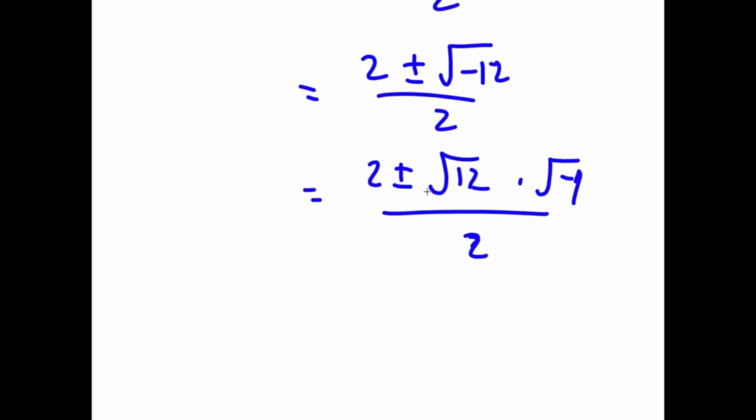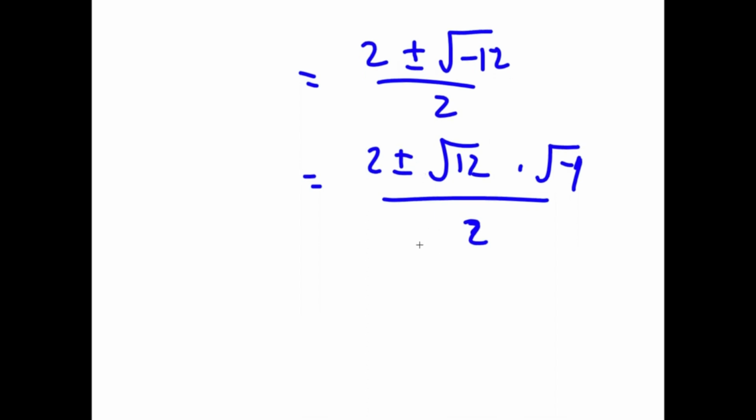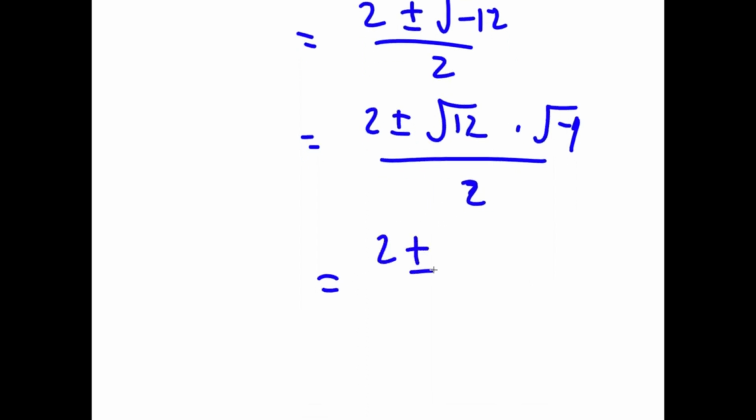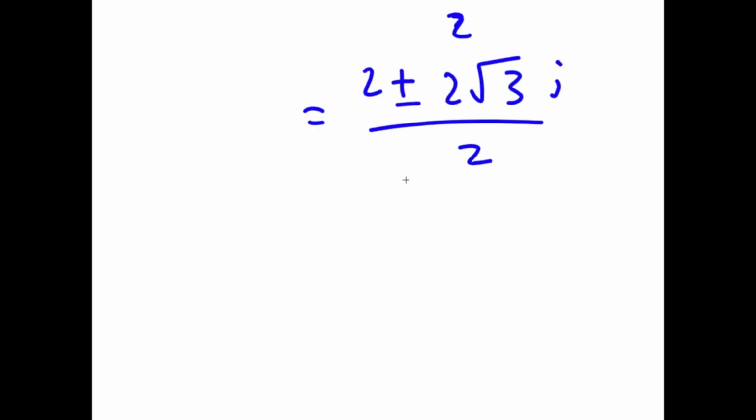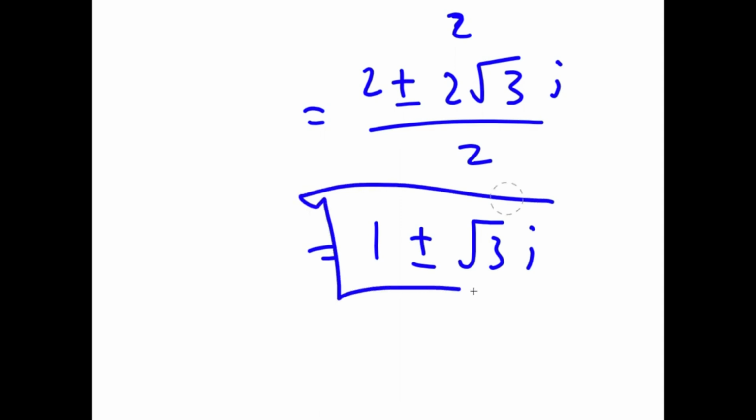And the square root of 12 simplifies to 2 root 3. And the square root of negative 1, that's simply i. So I have this over 2. Now if I divide both sides by 2, I get 1 plus or minus the square root of 3 i. So these are my two solutions.